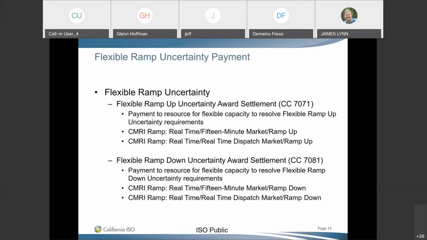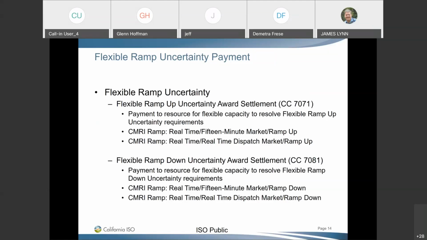So what I did here is I went into a little bit of basically why you have the payment for the flexible ramp capacity up, but I'm also showing you when you go to CMRI reports, if you want to find what that resource's flexible ramp up uncertainty award is, you would go to the real-time tab of CMRI reports, 15-minute, and then you would look for the capacity site that says ramp up.